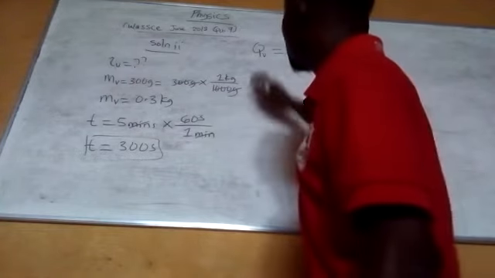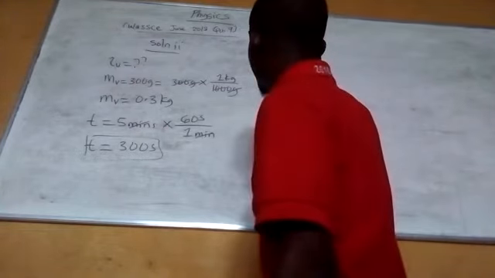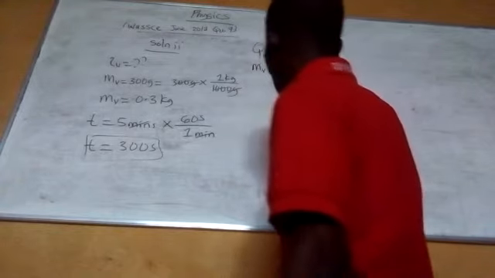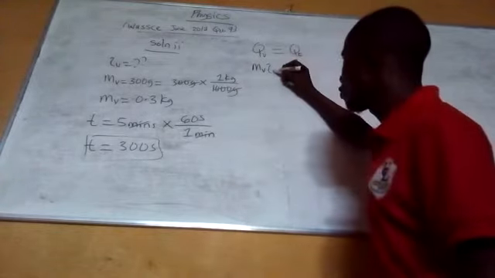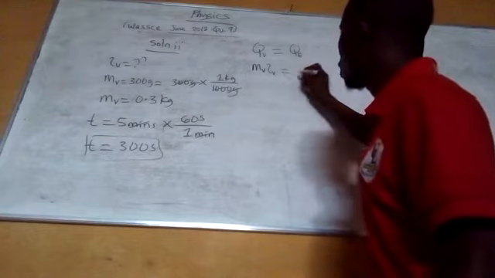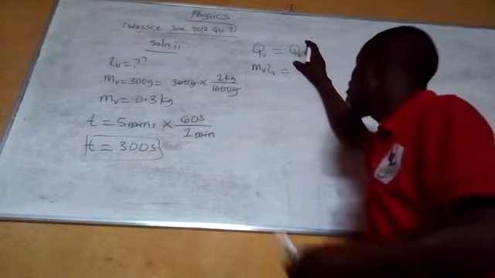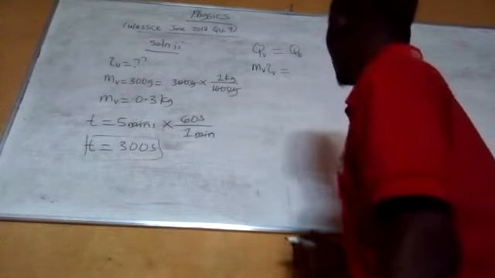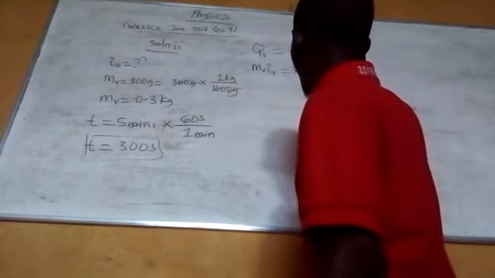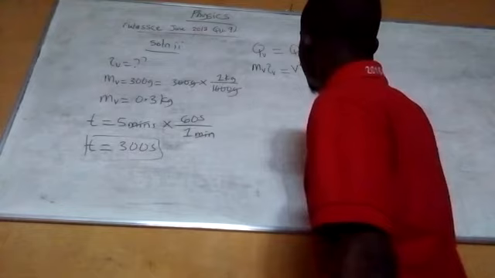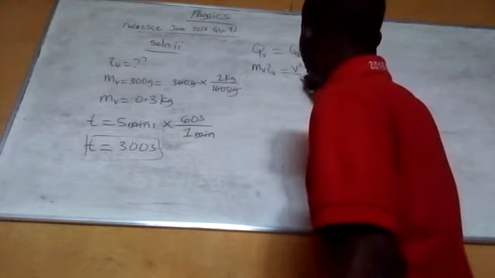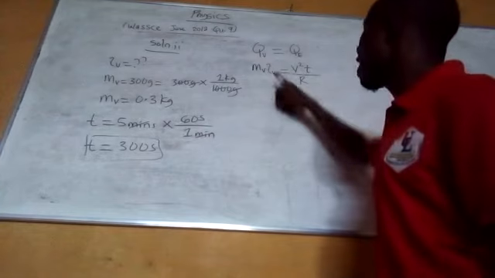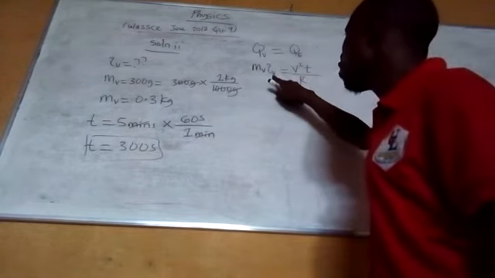Or the heat evaporated is equal to the mass of vaporization times the specific latent heat of vaporization, which is LV, to be equal to, from Joule's law, we know that we will have V squared times T over R. So here we want to find the specific latent heat of vaporization.